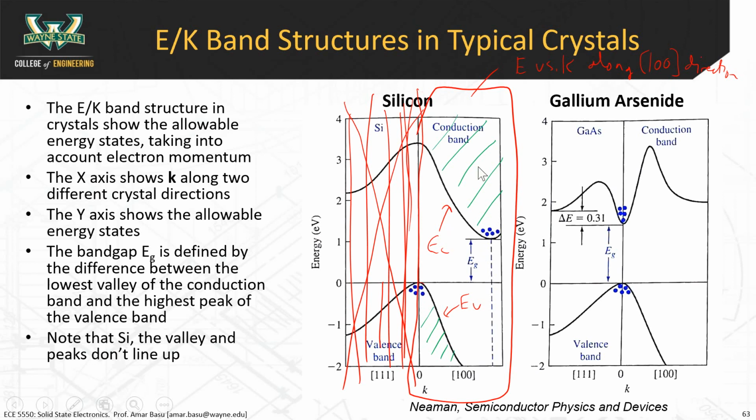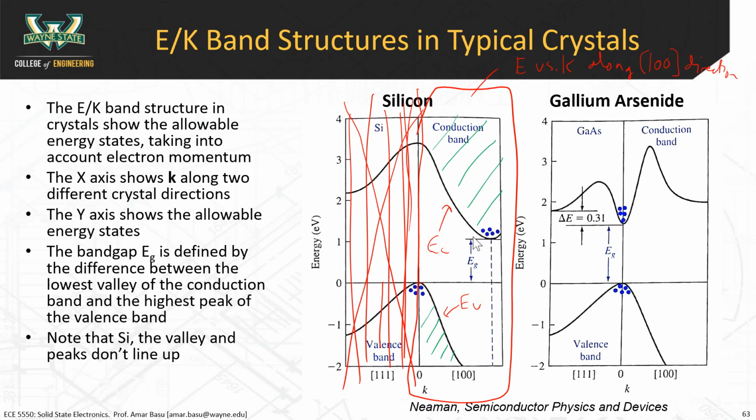What you do have to know is that in this diagram, electrons are most likely to be at the bottom of the conduction band. Can anyone tell me why? Lower energy state, right.